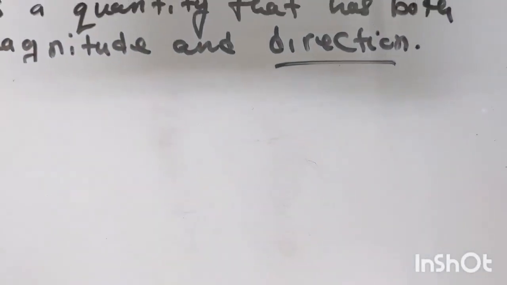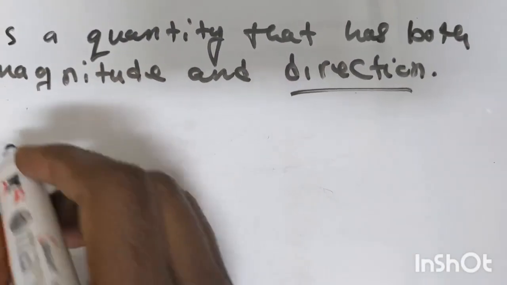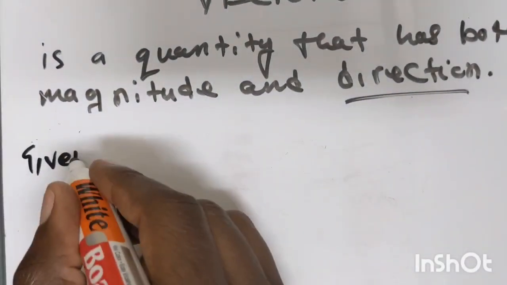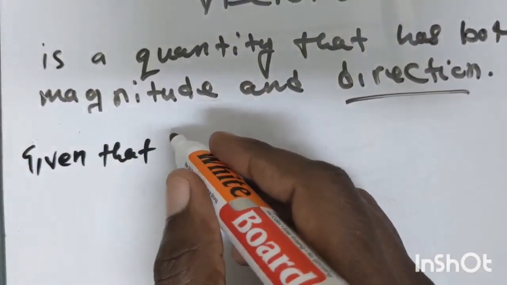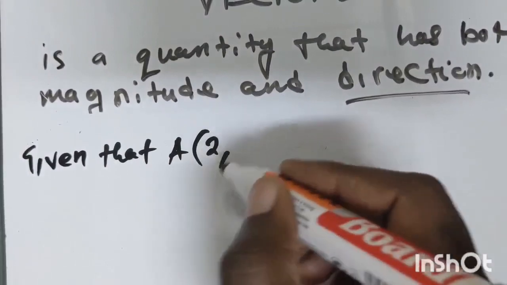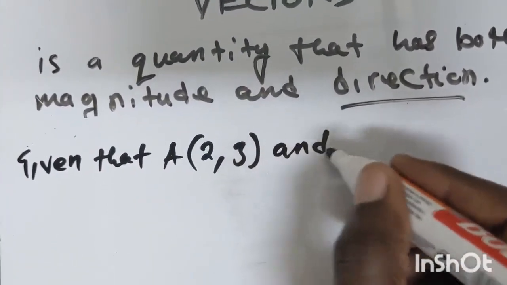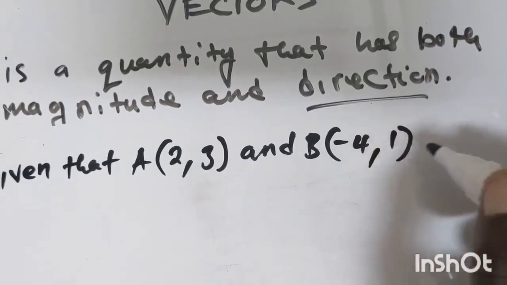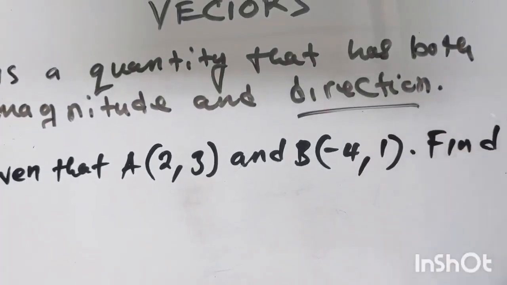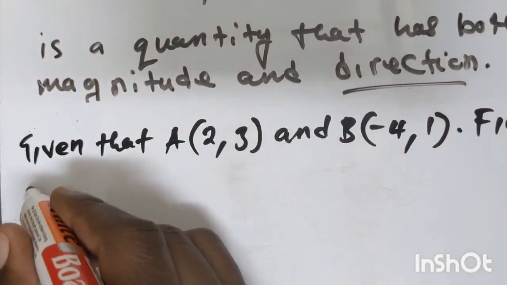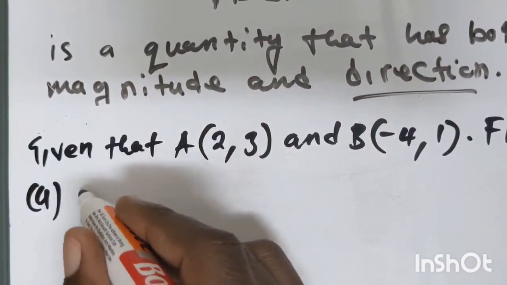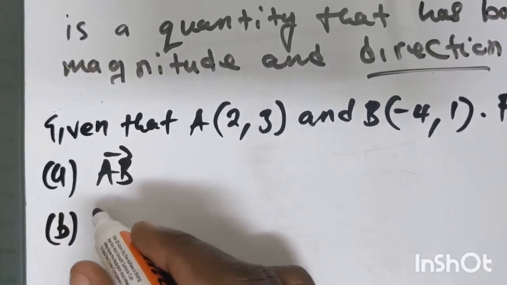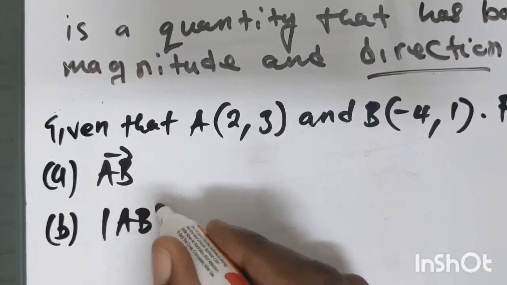This is a question that came in a past paper, saying that given that A is (2, 3) and B is (-4, 1), then find: A, vector AB, and B, the magnitude of AB, like that, okay.